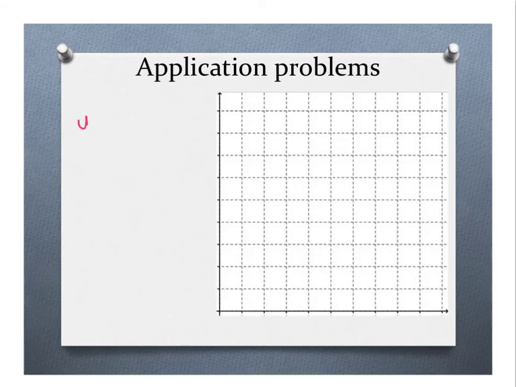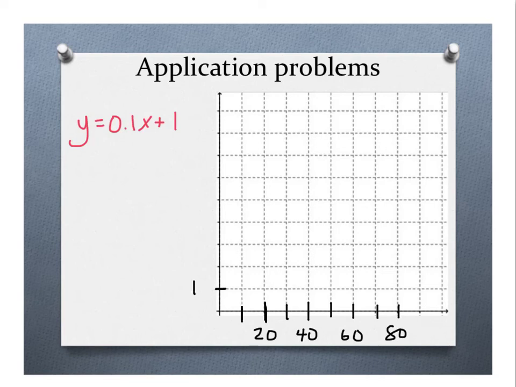All right, y equals 1/10 x plus 1. How exactly are we going to set up the coordinate grid for this? Well, each of these lines on the bottom, let's make each of those count by tens. So this one would be 20, 30, this one would be 40, 50, 60, and so on. And then over here, let's have this count by ones. 1, 2, 3, 4, 5, 6, 7, 8, 9, and then that would be 10 all the way up there.